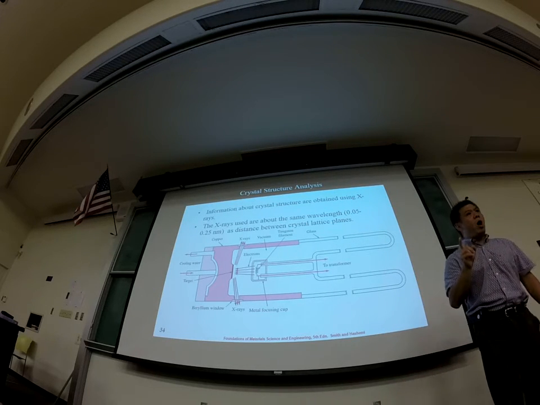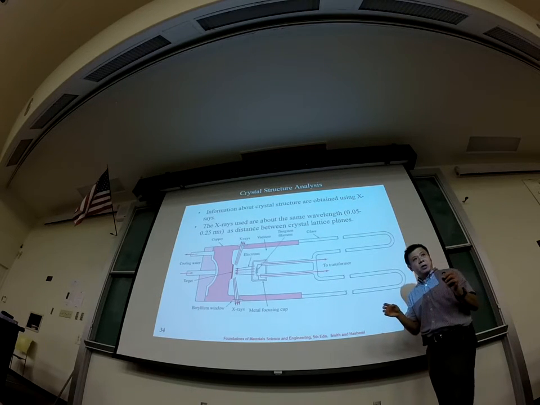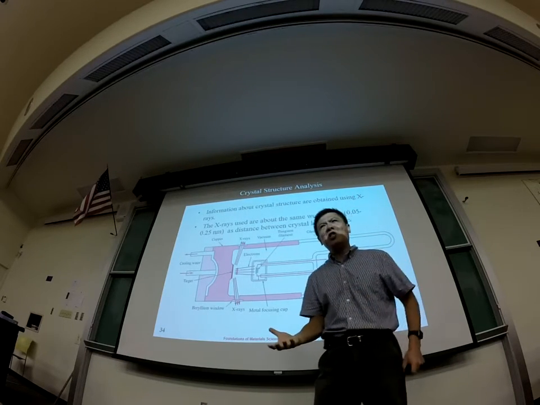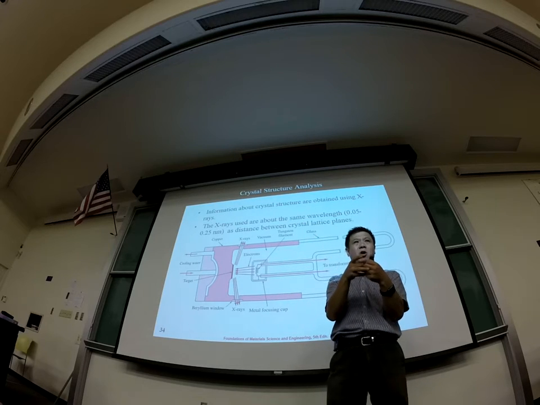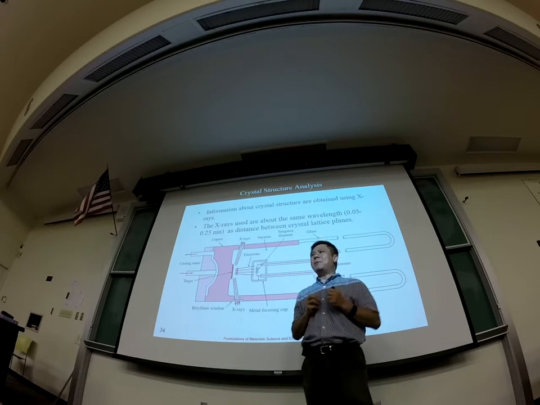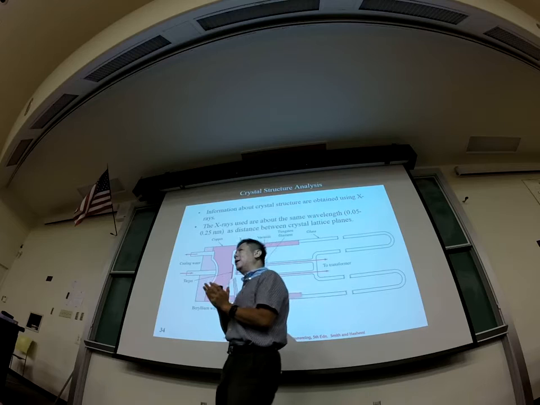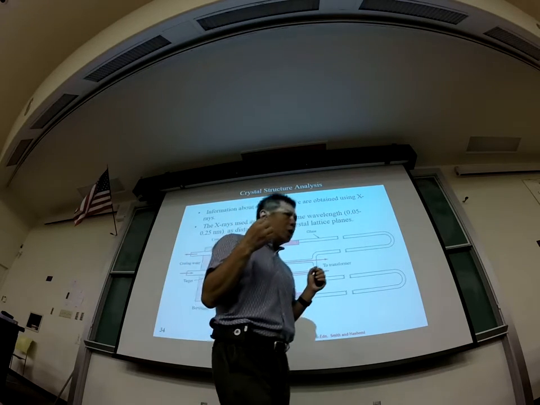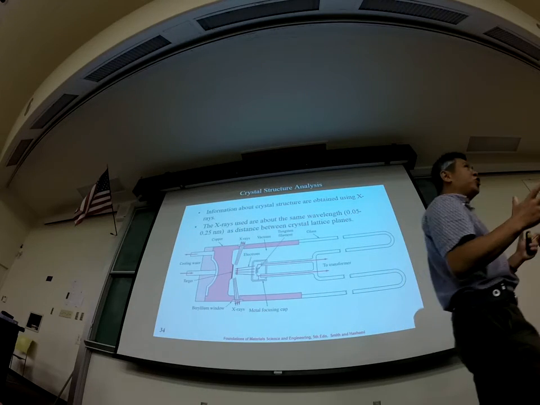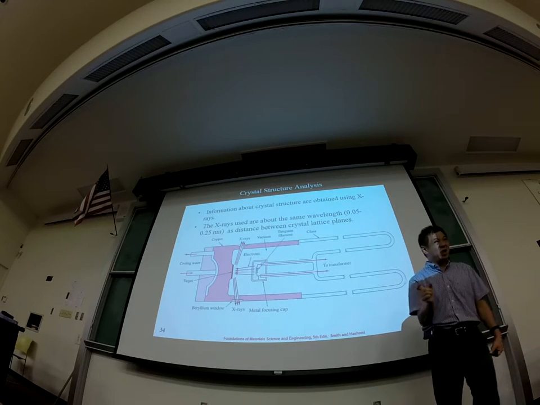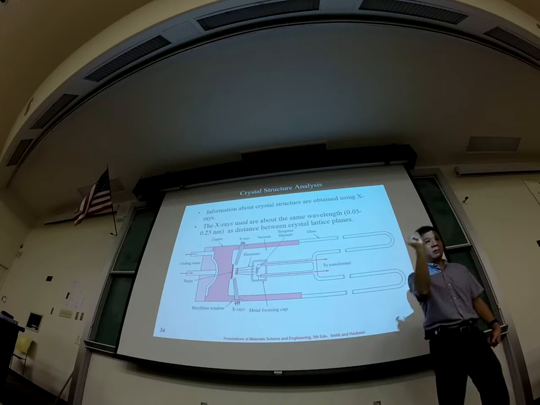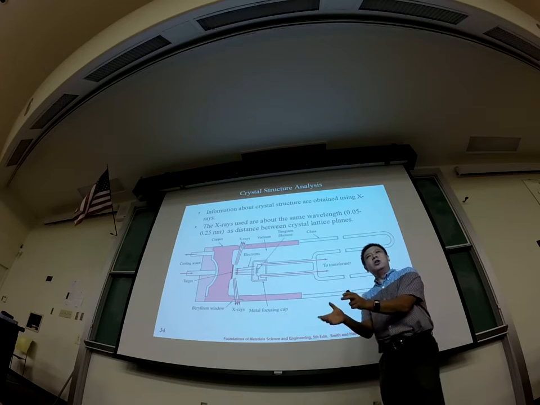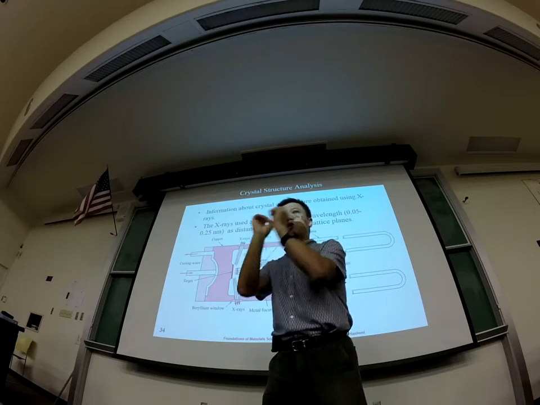So if you want to explore the structure with this small interatomic distance, we need something that can see this small distance. That means we need to use some method or approach that can have a length scale as small as the interparticle distance. Okay, only when you get that small, you can explore their structure.